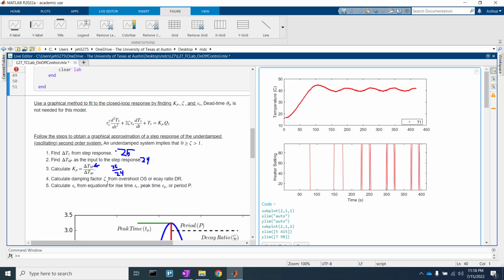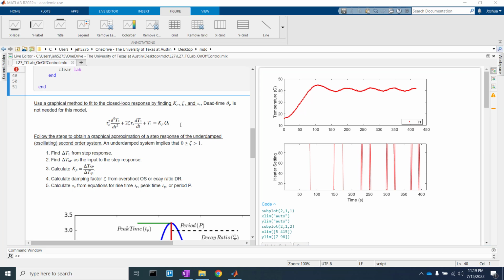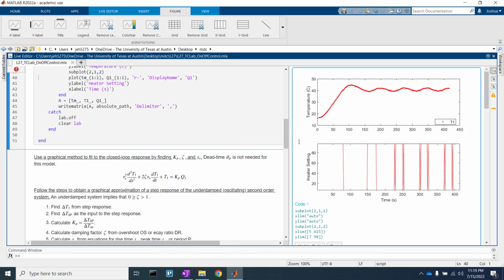Now we look at the damping factor, which we get from the overshoot ratio or the decay ratio. And again, there are some typos here, so I will be sure to fix those. I'm making a note of that now. All right, let's go back and look at our ratios for a second.